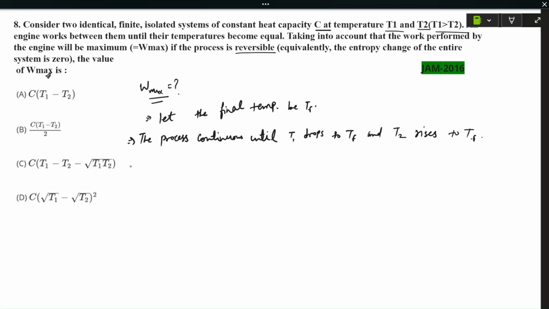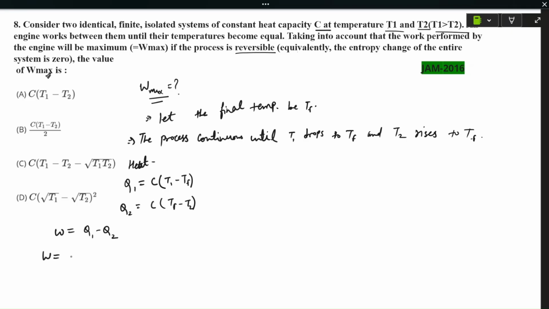So let's calculate the heat. The heat Q1 will be C times T1 minus T final, and the heat Q2 will be C times T final minus T2. Now we know the work done due to the Carnot cycle is equal to Q1 minus Q2.